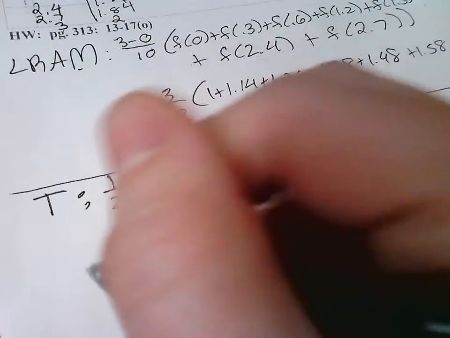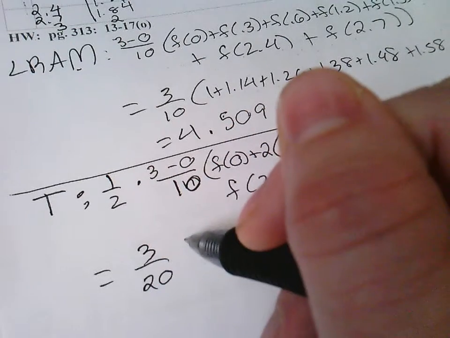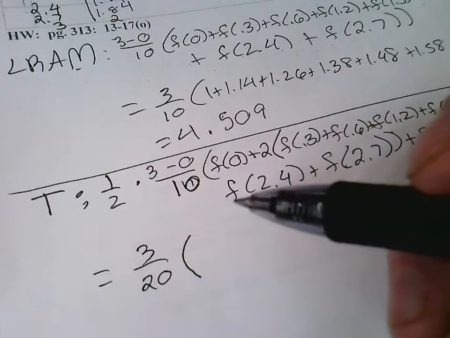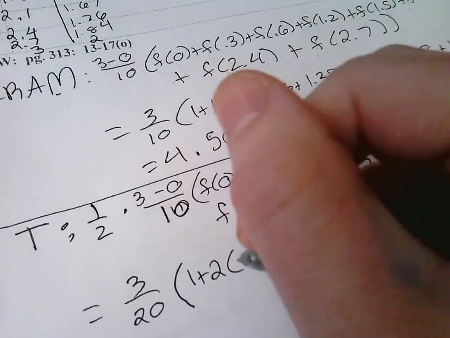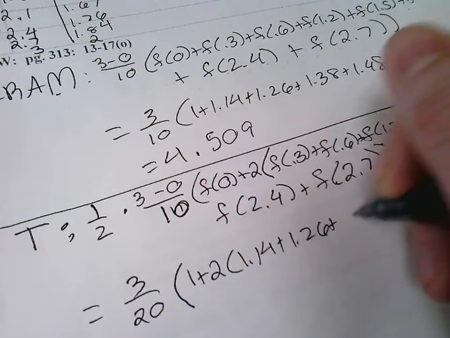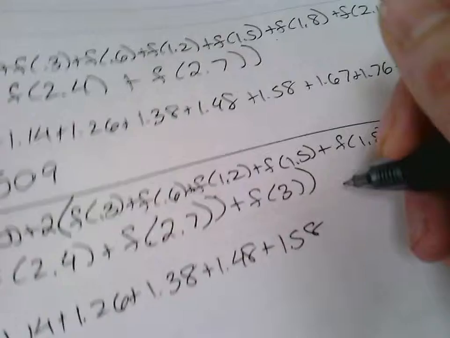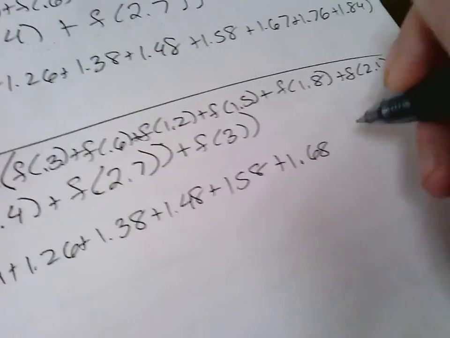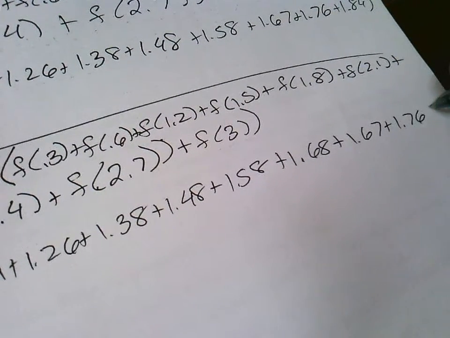So you're going to have 3 over 20 times f of 0, which is 1, plus 2 times all of these numbers except for the last: 1.14, 1.26, 1.38, 1.48, 1.58, 1.67, 1.76 plus 1.84.